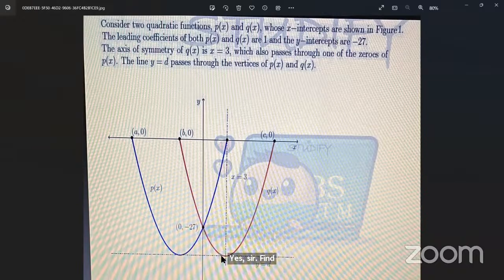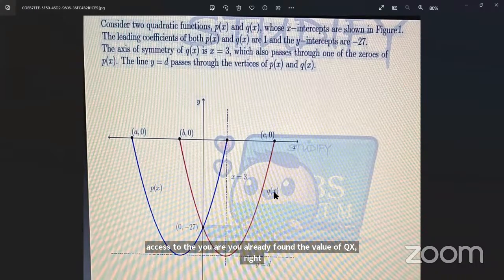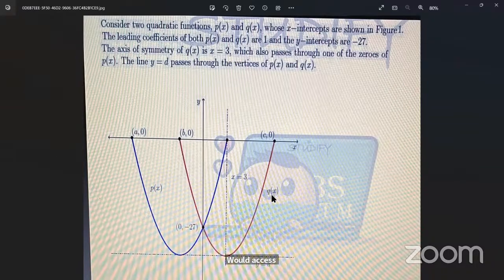Now see, if you are able to find this value. At x equals 3, you already found the value of q(x), right? Put x equals 3 in the value of q(x). It will give the value of the vertex. And you know that the line y equals d is already there.